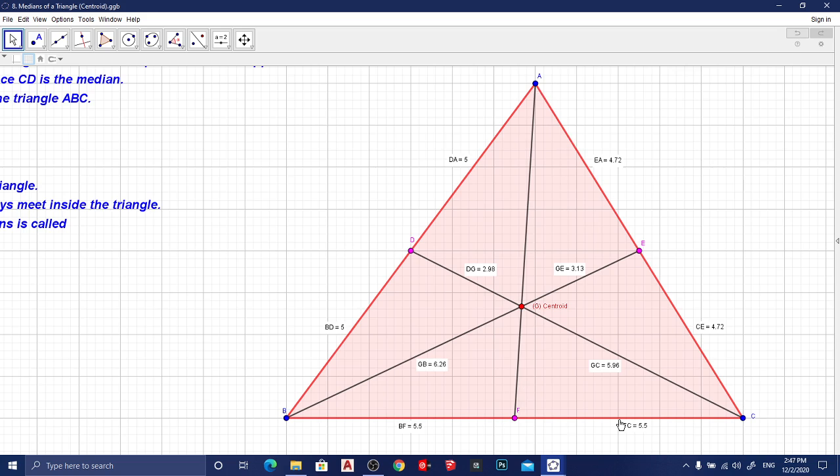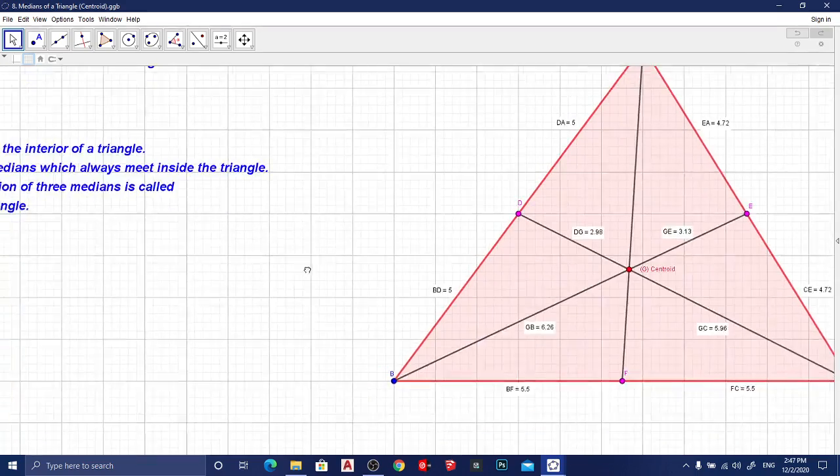This is the median drawn from the vertex C to the opposite side of C. And this is the third median, BE, drawn from the vertex B to the midpoint E of the opposite side AC. So in any triangle you can draw three medians.